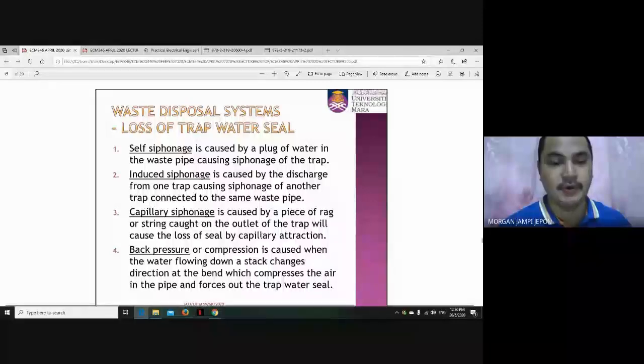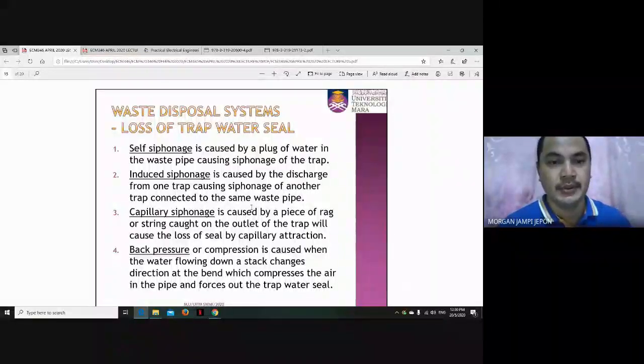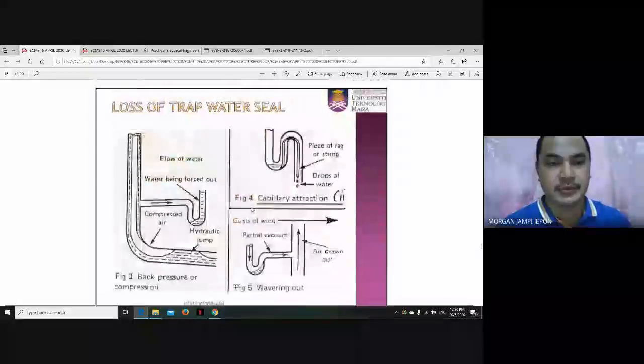And number four, back pressure or compression is caused when the water flowing down a stack changes direction at the bend, which compresses the air in the pipe and forces out the trap water seal. Okay. So this is a diagram to show the loss of trap water seal. All right.